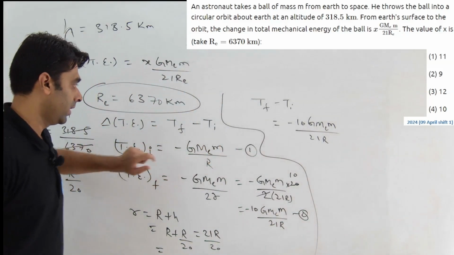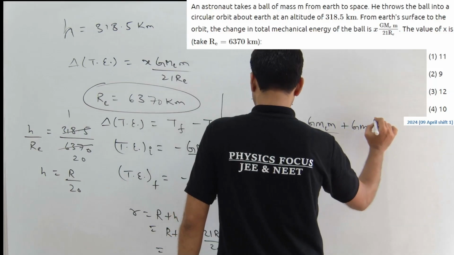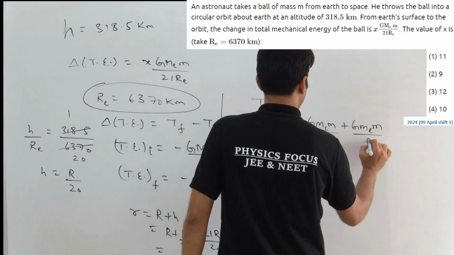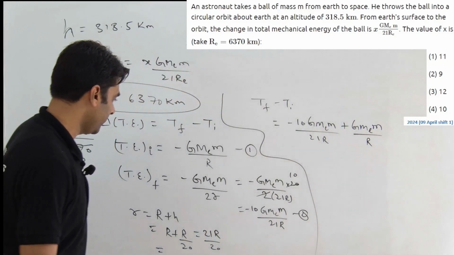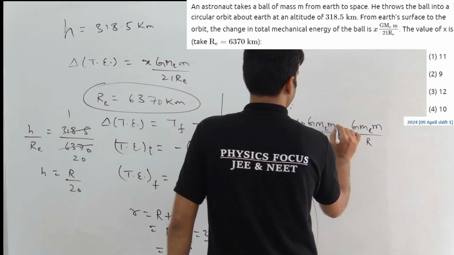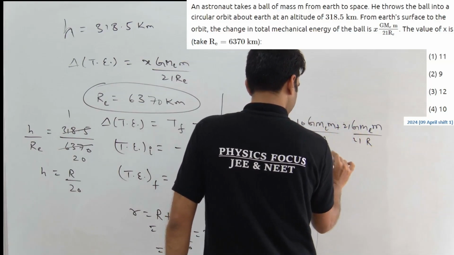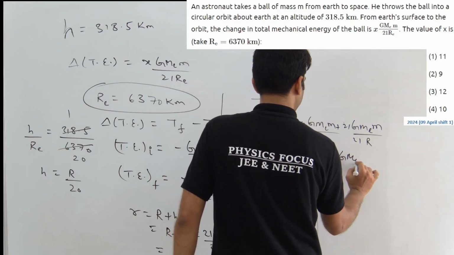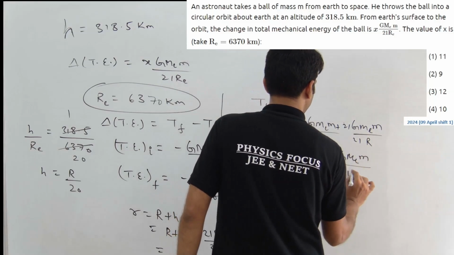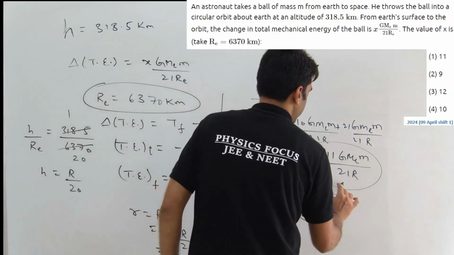This is our initial energy, plus GMEM by R. Let us simplify this. 21, 21, so this becomes 11 GMEM by 21 R. This is our answer, the change in total energy.